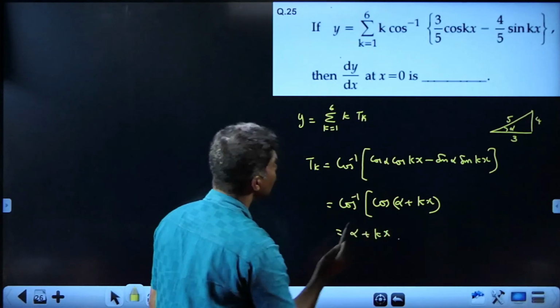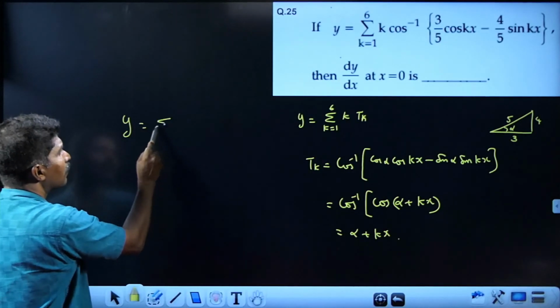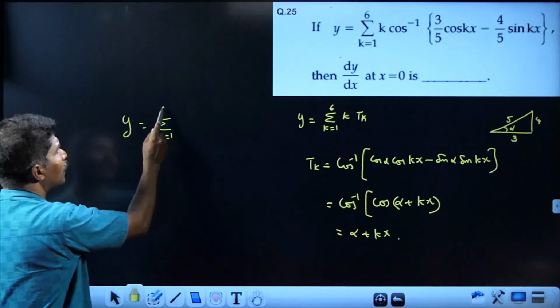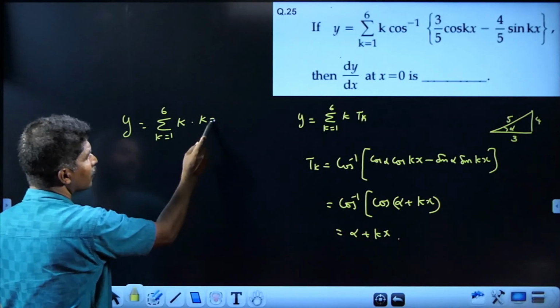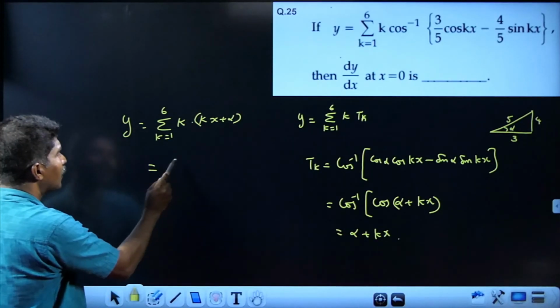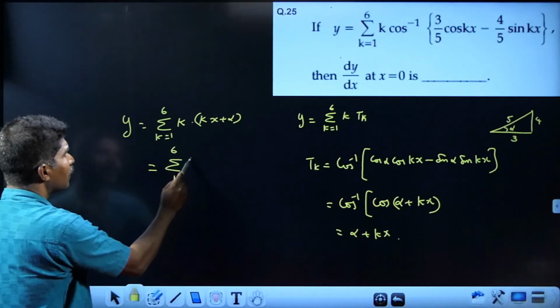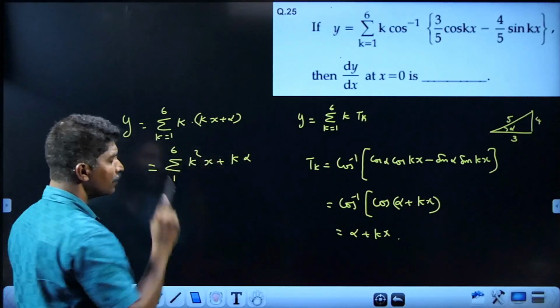Very simple now. That value we will substitute here. Therefore, y is equal to sigma k equal to 1 to 6, k into kx plus alpha, that is equal to sigma 1 to 6, k square x plus k alpha.